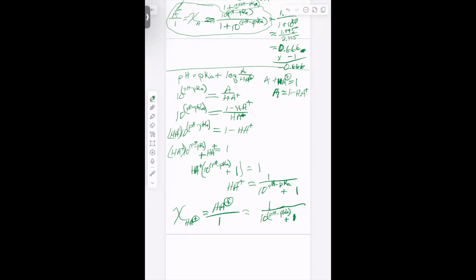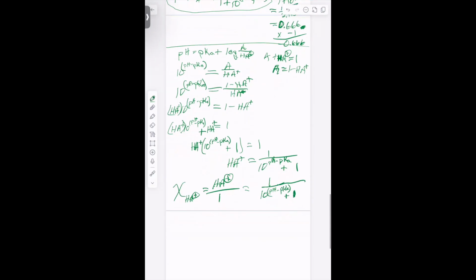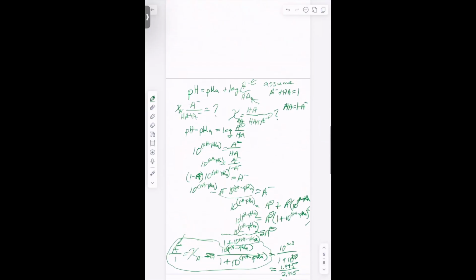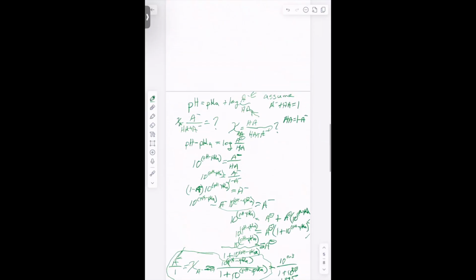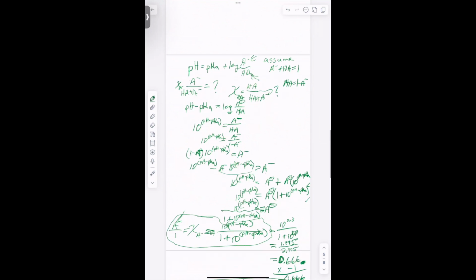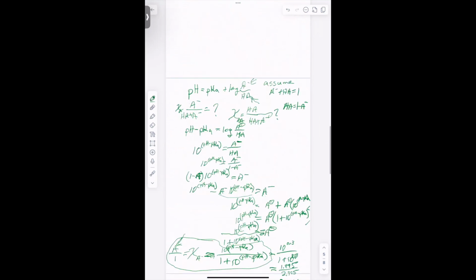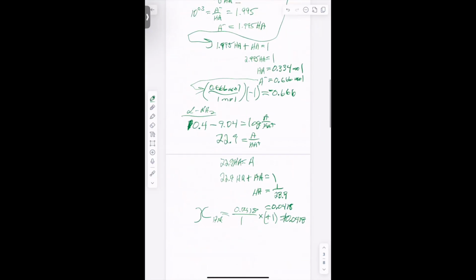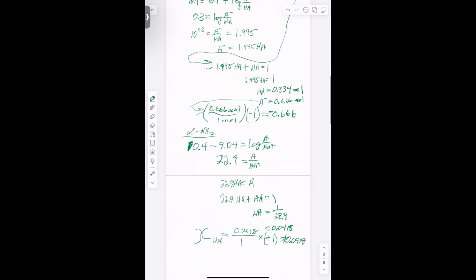Now, in principle, I could come up with the answer, if I just go 1, 10 to the, and if we go back up here, I think we figured out the difference between pH and pKa is 22 point, no, sorry. I jumped the gun here.